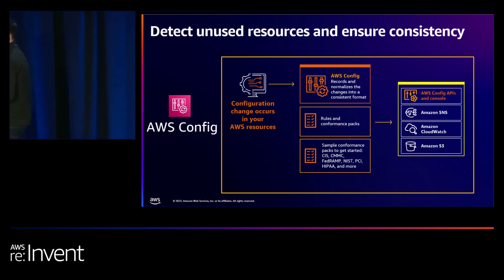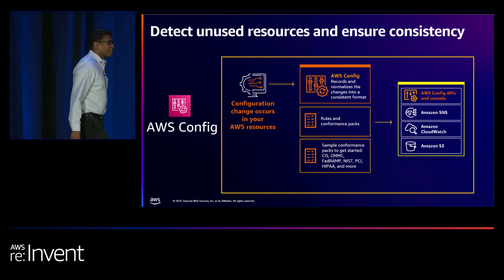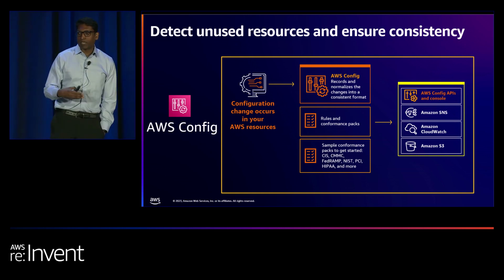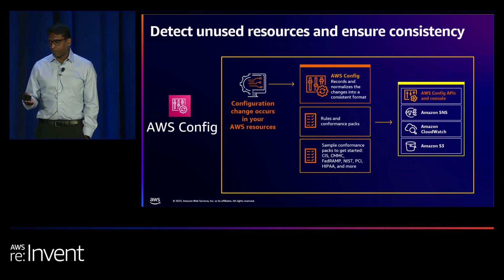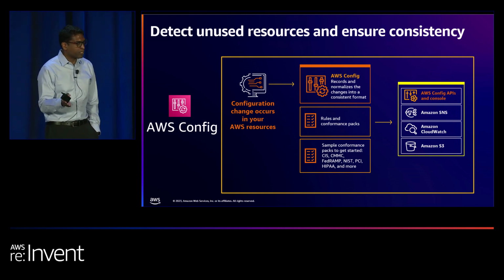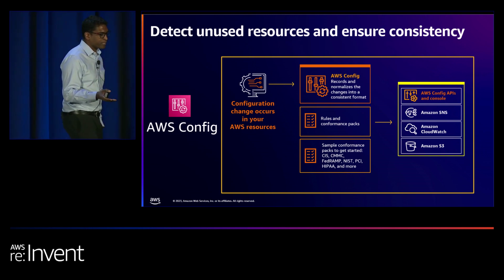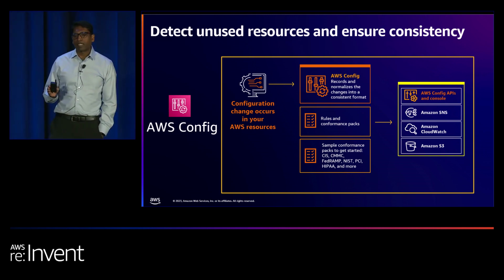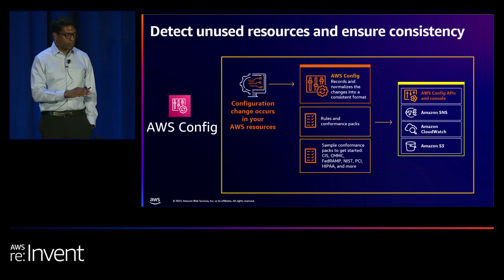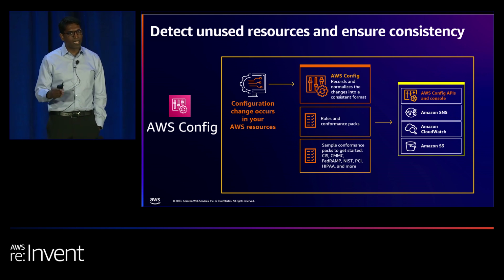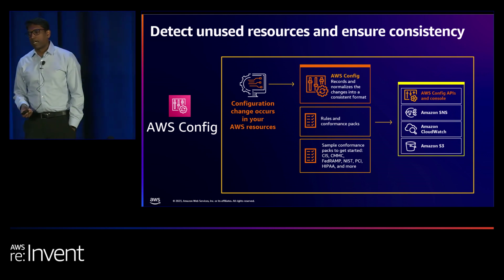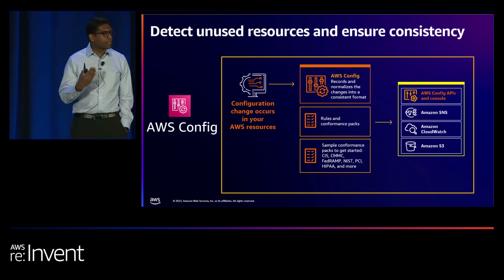All right. So AWS Config. We use AWS Config to evaluate the configuration of resources and identify the relationship of the resource to other resources. A lot of our customers are using it to track inventory across the multi-account environment, as well as identify unused resources.